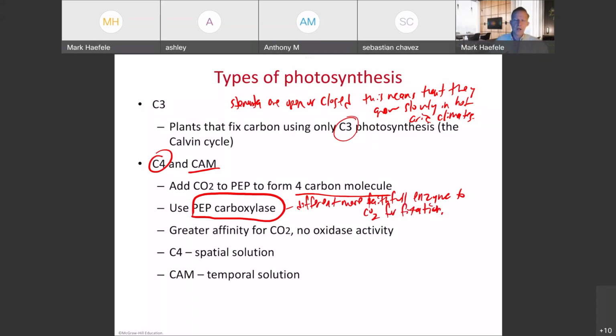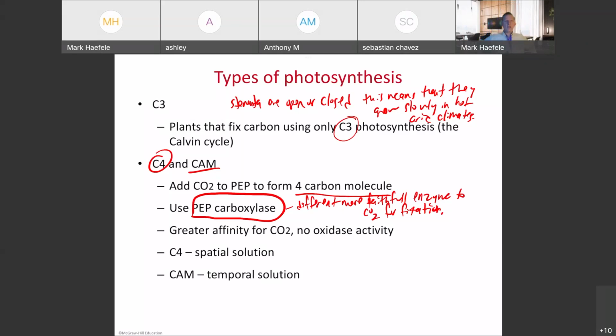So rather than using the philandering bum of an enzyme in Rubisco, who equally binds to CO2 and oxygen, PEP carboxylase is an enzyme that will only bind to CO2. It has absolutely no affinity whatsoever for oxygen. So it's like a woman who has a husband who's very faithful to her.